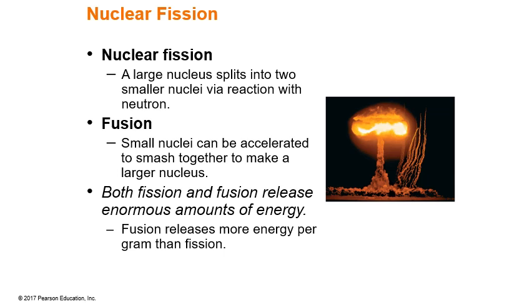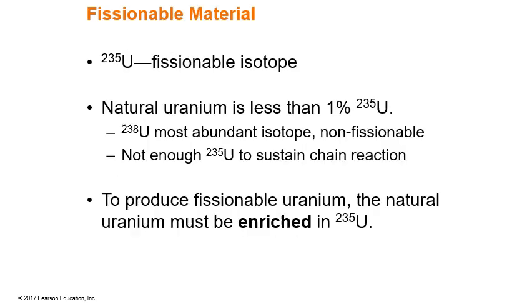Fusion releases more energy per gram than fission does. In order to have fission, we have to have something that is fissionable, which means that it can continue on in a chain reaction.